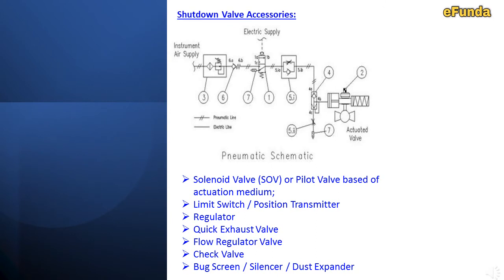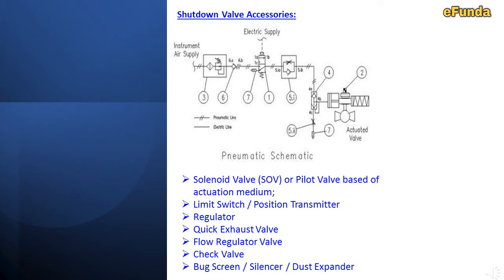Now before conclusion, we will see briefly the shutdown valve accessories. One can see the pneumatic schematic of the valve actuation scheme shown in the picture, where instrument air supply is provided and reaches the various components and then the valve actuator, where the operations are performed to the specified requirement.